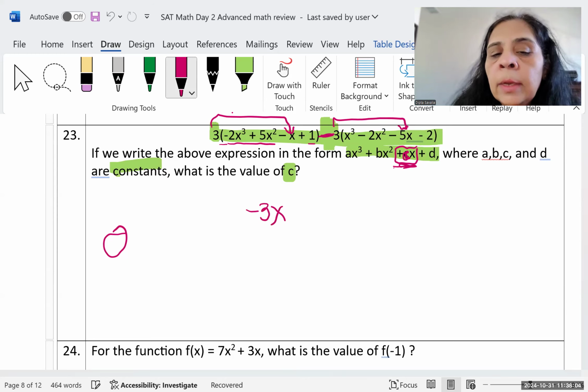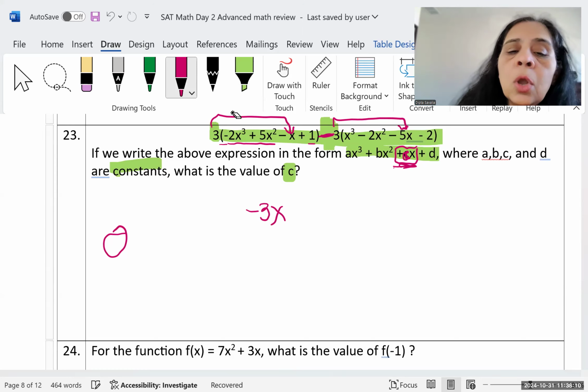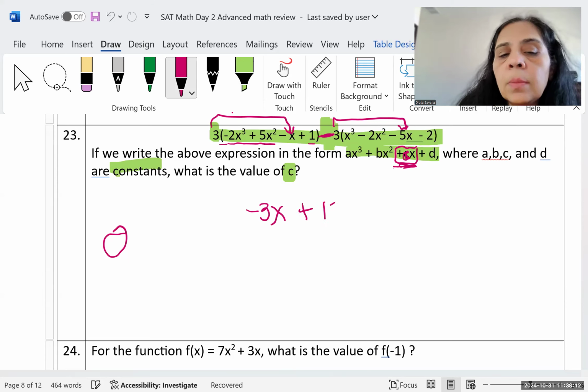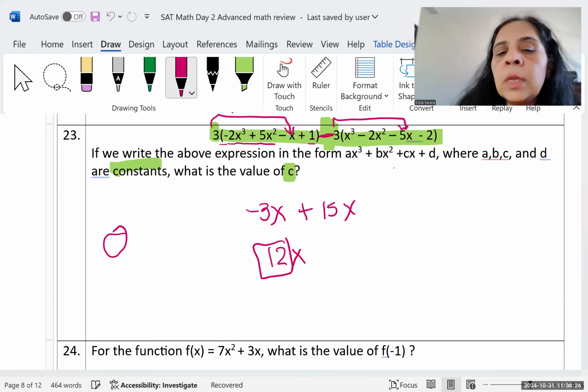Here is minus, and we have negative 3x times negative 5x. That's how you can think, or you can change the sign. So now you can see negative 3x plus 15x is 12x, right? So that's your C. That's your answer. Whatever the x coefficient is, that is your C. That's what the question asked. So we can say C equals 12.